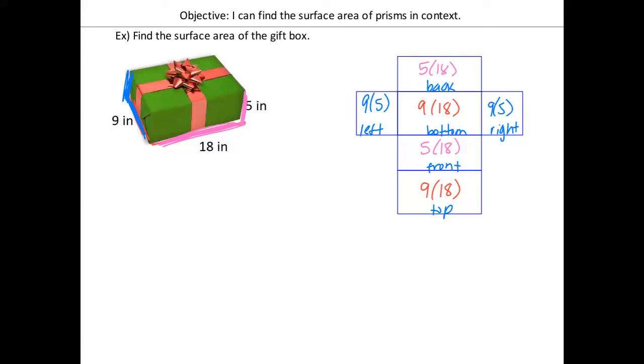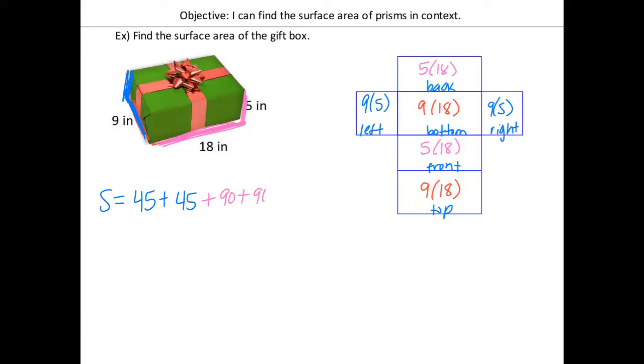And I have 2 of each side. So if I just multiply one of them, what's 9 times 5? 45. So I know this is 45 plus 45 because I have 2 of them that are the same. And then for the front and the back, what's 5 times 18? Can you guys check for me? 90.